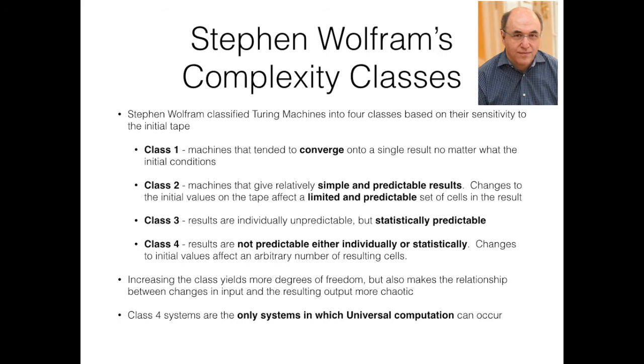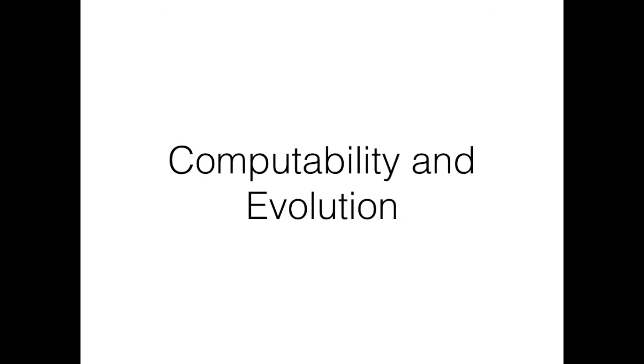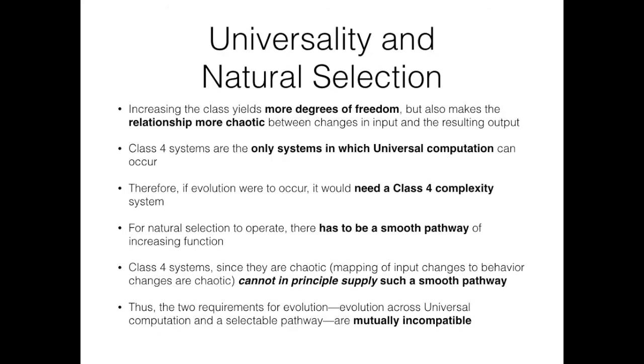So, what does this have to do with evolution? Universality has an interesting effect on natural selection. Because when we increase the class, we yield more degrees of freedom, but we make the relationship more chaotic between the changes in our input and the resulting function.